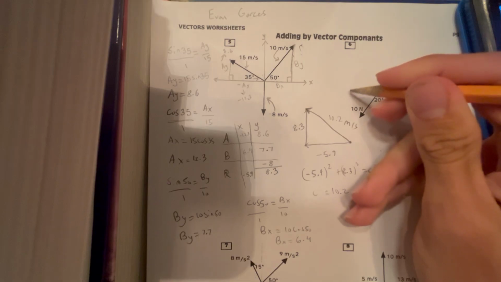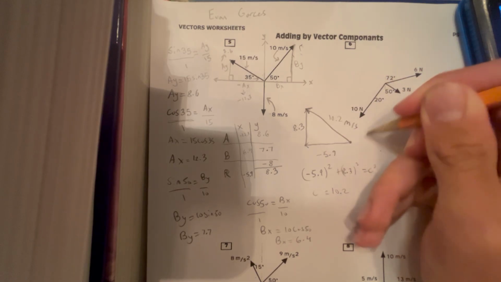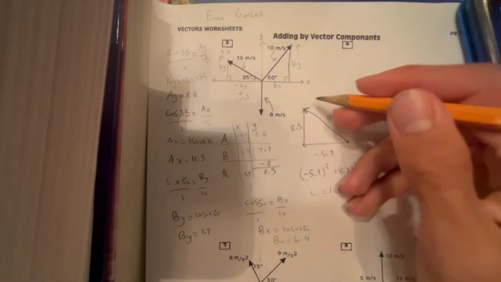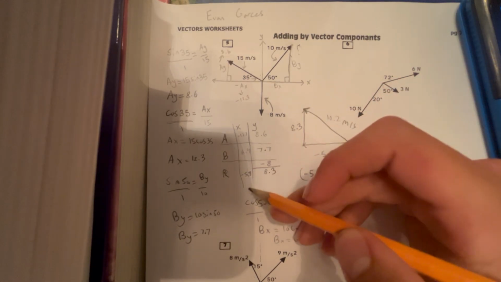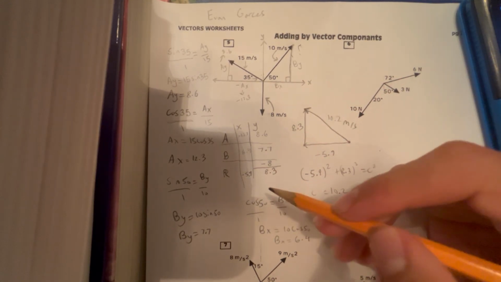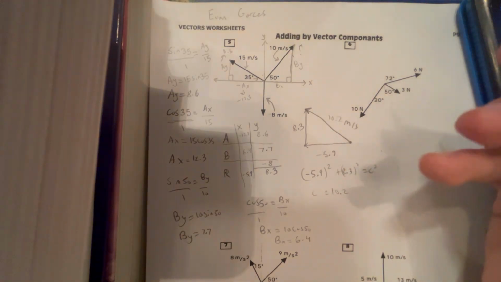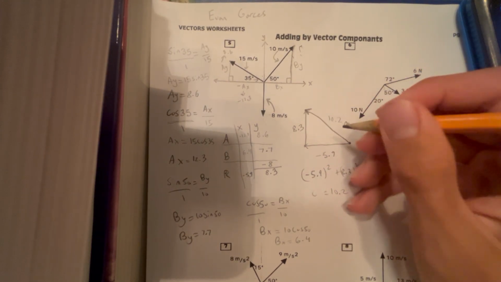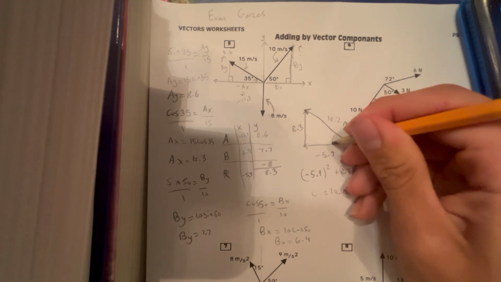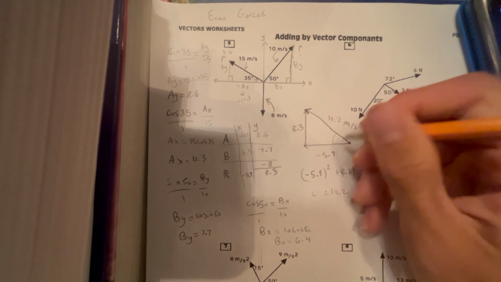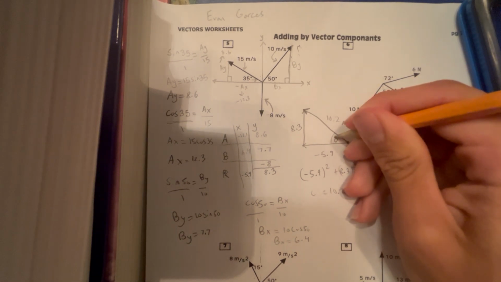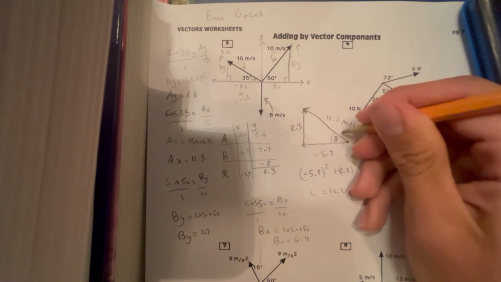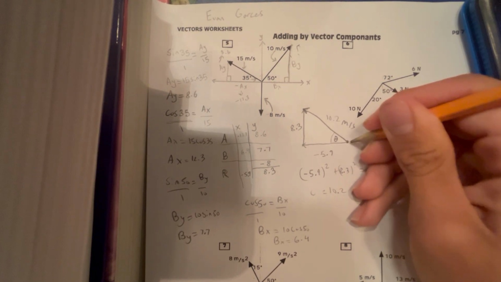But we know it's going up this way because we just observed that it's going negative 5.9 to the left and 8.3 north. So that means it has to be going this way, and we need to specify an angle to go along with it. It happens to be this angle right here, because we're starting at the origin, and the angle will always be at the start, at the origin, which is right here because I drew it.